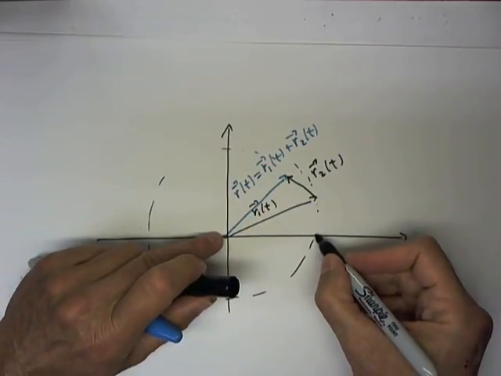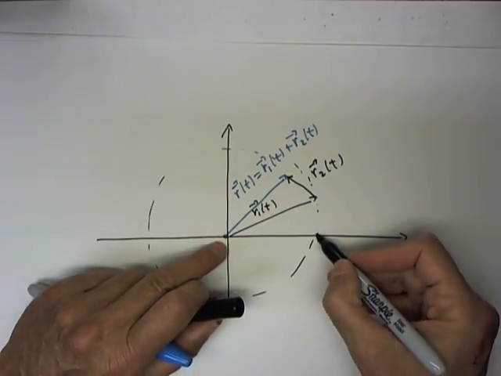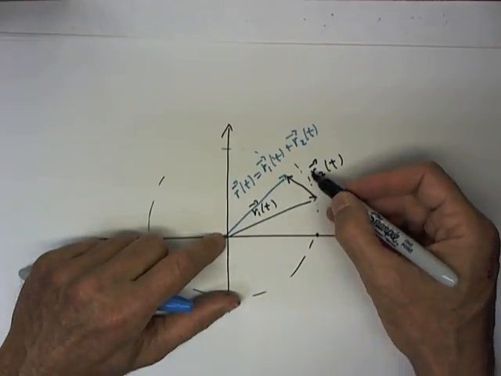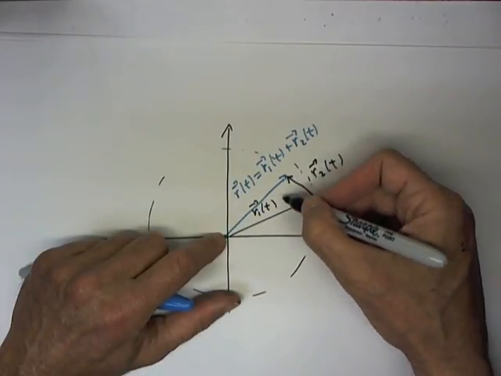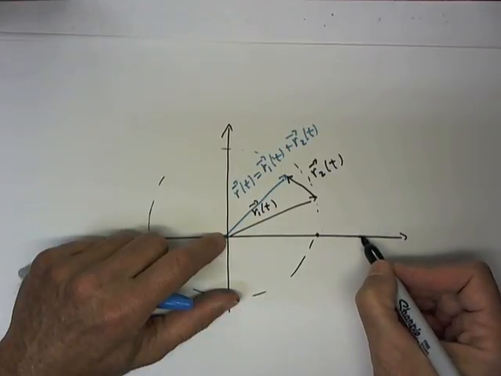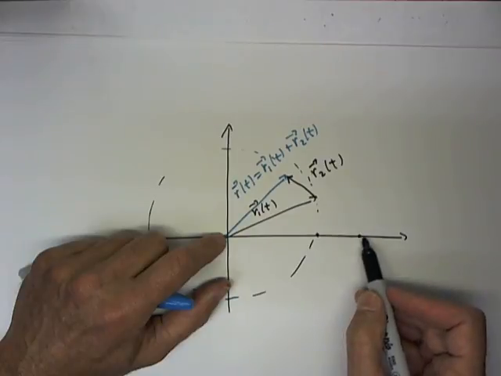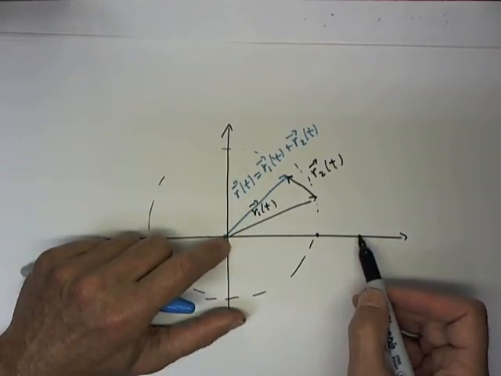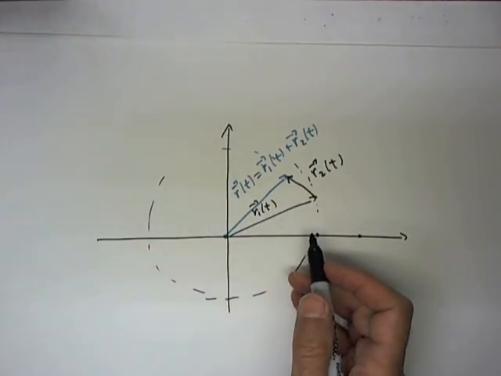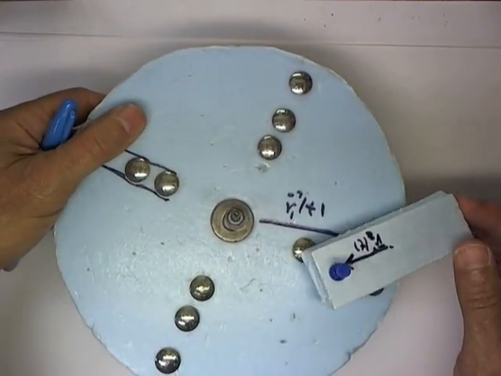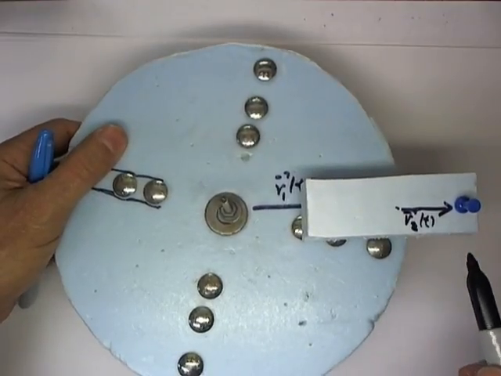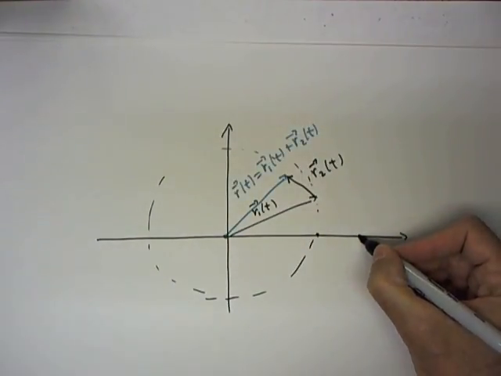Let's say at t equals 0, the axis of the rotating piece of foam on the circle is at this point, and the beam is oriented in such a way that the vector is here, so that that would correspond to this orientation, where the r1 vector is added to the r2 vector, giving us a point here.